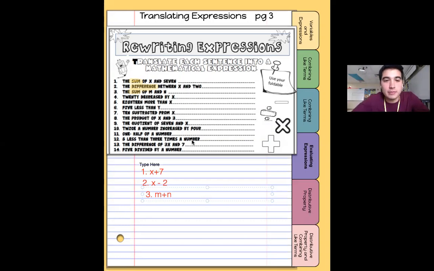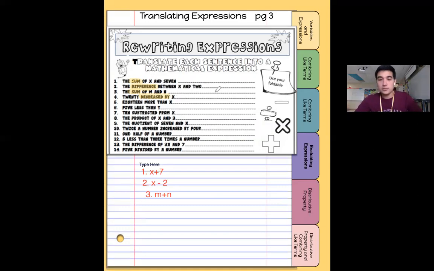Next one. Number 4, again, let's get our highlighter ready. So 20 decreased by x. Let's highlight the key words here. Decreased by, that's our key phrase, okay? Decreased by tells me I'm doing subtraction. That's the operation. I'm subtracting.